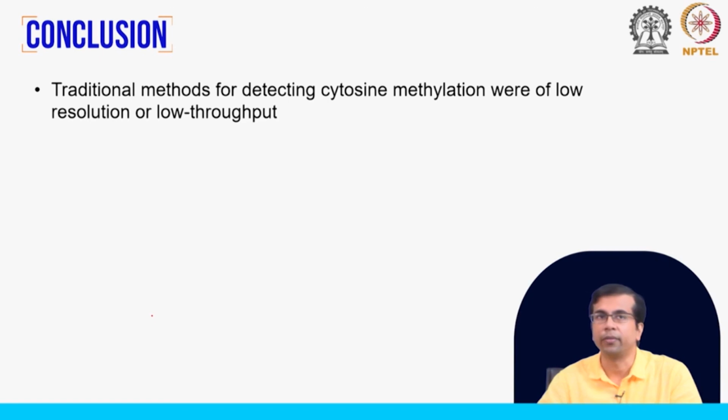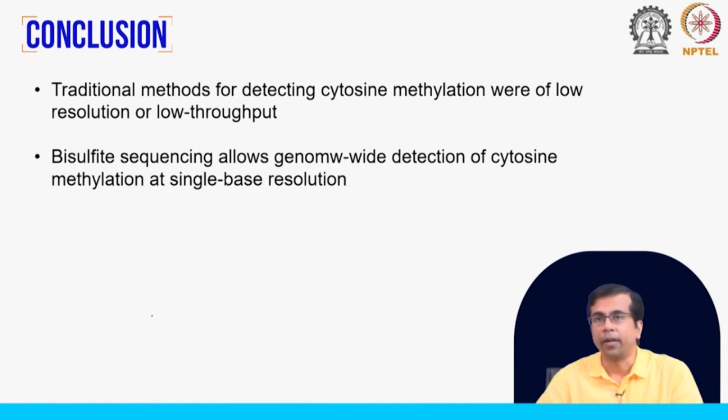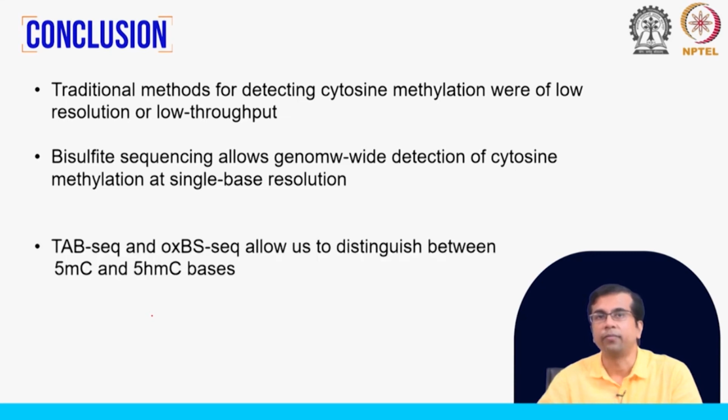But they were all of either low resolution or limited throughput, so we could not apply them across the whole genome. Microarray methods allowed some high throughput measurements, but the resolution was a concern for many of these methods. Bisulfite sequencing allows genome-wide detection of cytosine methylation at single base resolution.